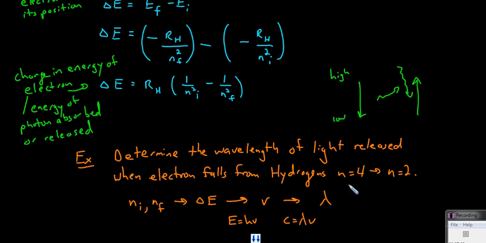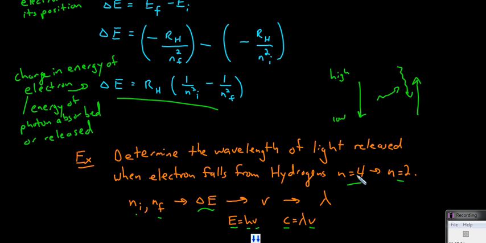Okay, so we know the certain transition, ni and nf. We can therefore know, using the following equation, the change in the energy of the electron, and therefore the energy of the photon emitted, and having energy of a photon equal to Planck's constant times frequency, we can calculate the frequency, and then having frequency, and knowing the speed of light, we can calculate the wavelength of that light.